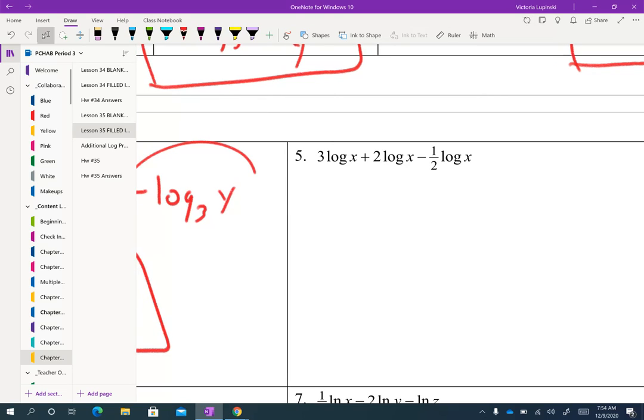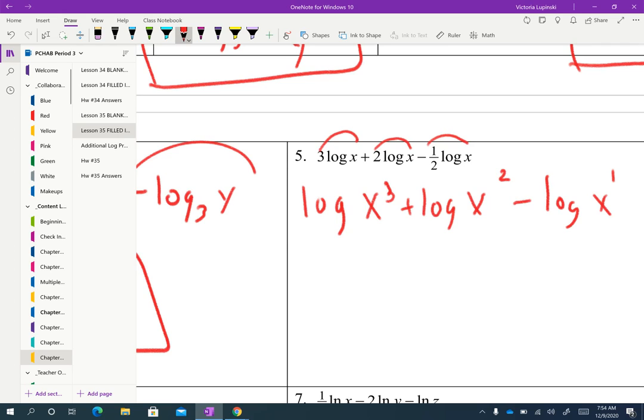How about number 5? So I'm going to start by taking all of my exponents and moving them up to the top. So this is going to be the log of x cubed plus the log of x squared minus the log of x to the 1/2.